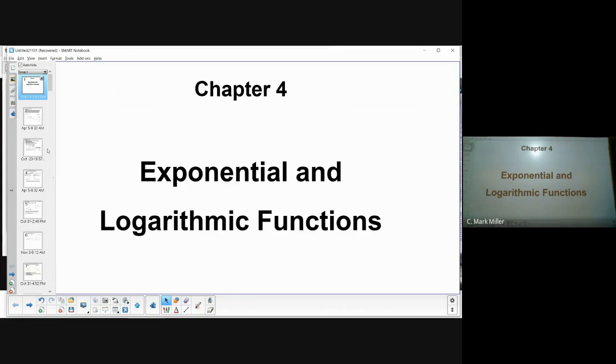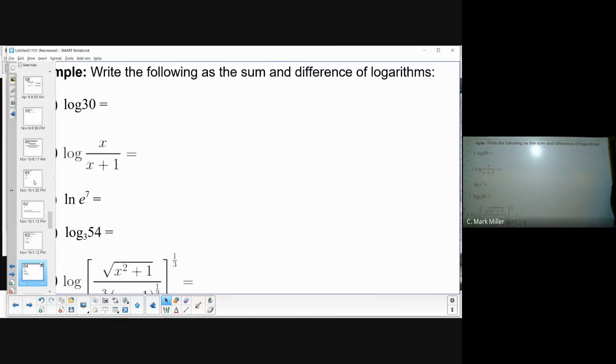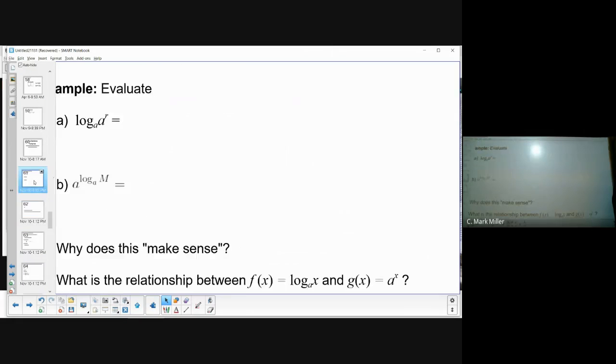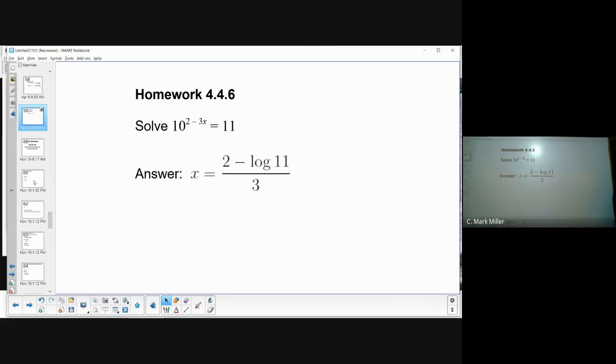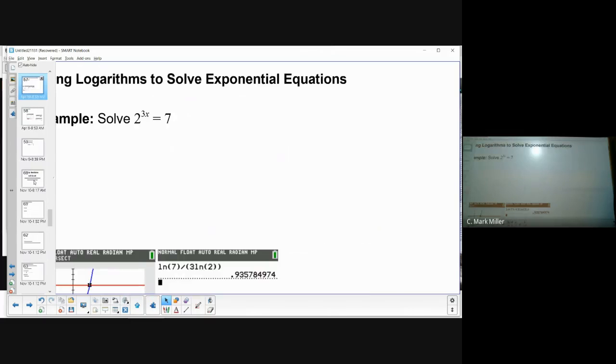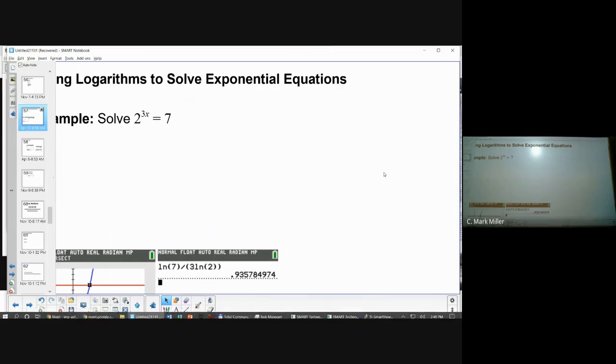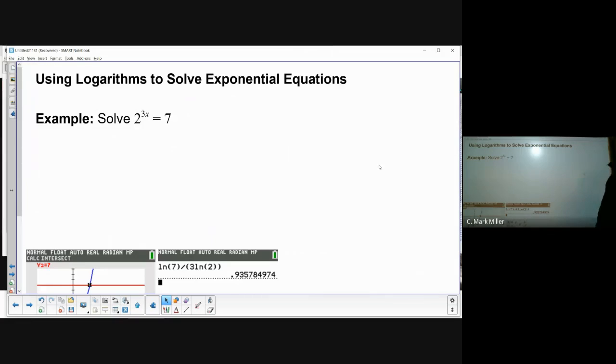If we didn't lose it on the slide. Oh, we did lose it. Lost all our work. I'm going to real quickly put that back up. You should have it in your notes already, though.